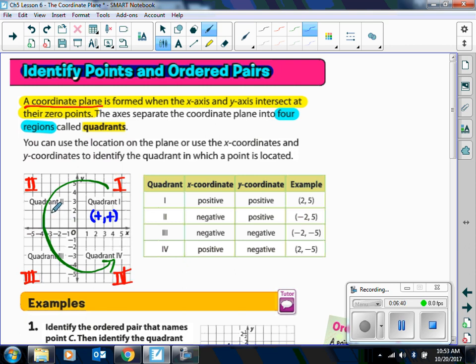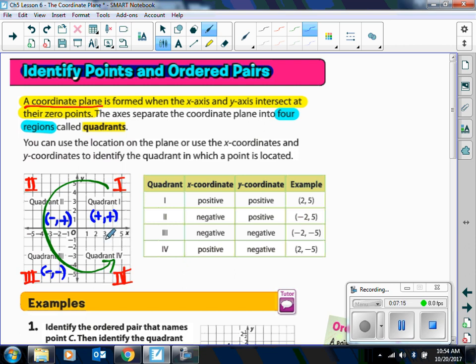So over here, it's going to be negative, comma, positive. Okay, this is something that will help you decide which quadrant you're in, what kind of signs you have on the ordered pairs. Quadrant 3 down here, what kind of signs do we have on there? Negative, comma, negative. Very good. And then in quadrant 4, what kind of numbers are those?